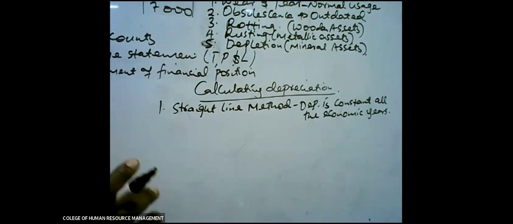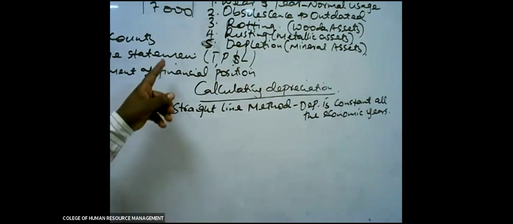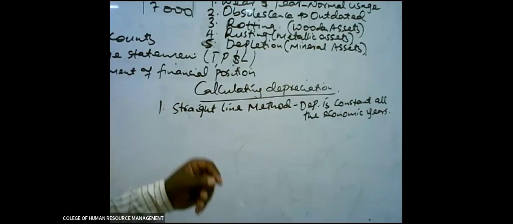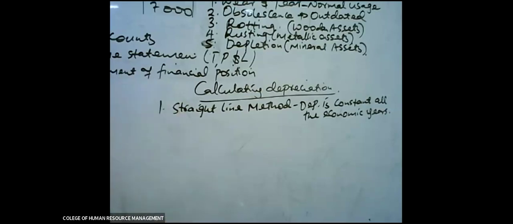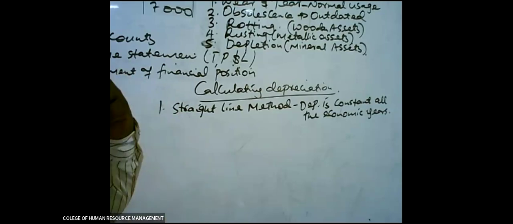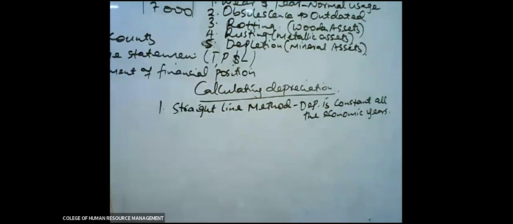If it is going to be used for 5 years, remember we need to calculate depreciation every financial year. These statements that we have talked about here, the income statement and the statement of financial position, are prepared yearly after 12 months. So after every 12 months, we calculate depreciation.